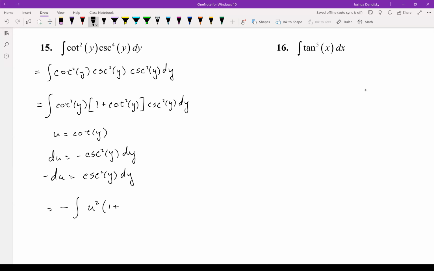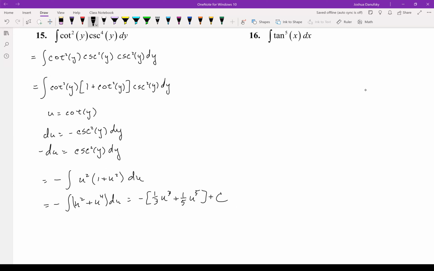We have 1 plus u squared. And the cosecant squared y dy in back becomes the negative du. So we're there. Let's go ahead and distribute the u squared. So we have antiderivatives that look like this. And then we'll bring back our cotangent.